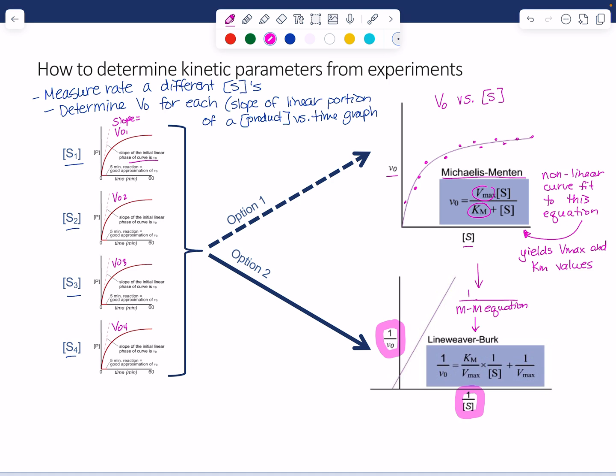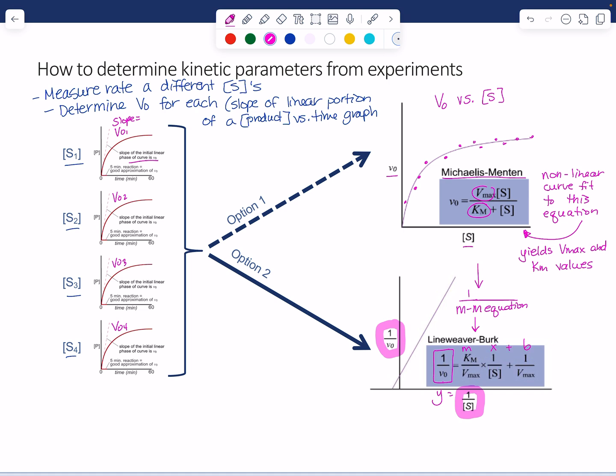So 1 over V0, that's what we plot on the Y. And then equals, and this is written such that it'll look familiar to you. So we've got Y equals something times something plus something. The equation for a line is mx plus b, right?